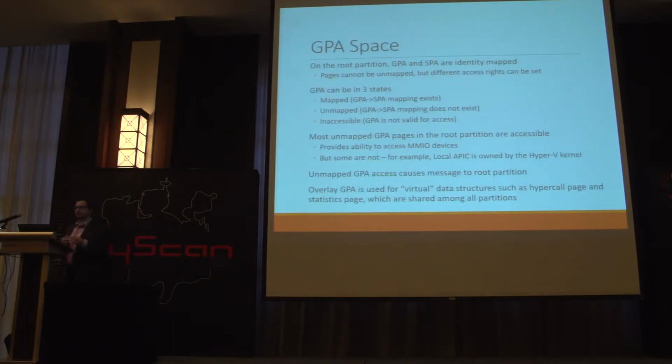Now, on the root, GPAs and SPAs are identical, because everything that's a physical address on the root partition is obviously a physical address on the root partition. And a GPA can either be mapped, which means there's a mapping between the GPA and the SPA. It can be unmapped, which means that it hasn't been used yet, it's not mapped, or inaccessible. And inaccessible is used when the hypervisor actually wants to protect even the root from being able to access certain things.